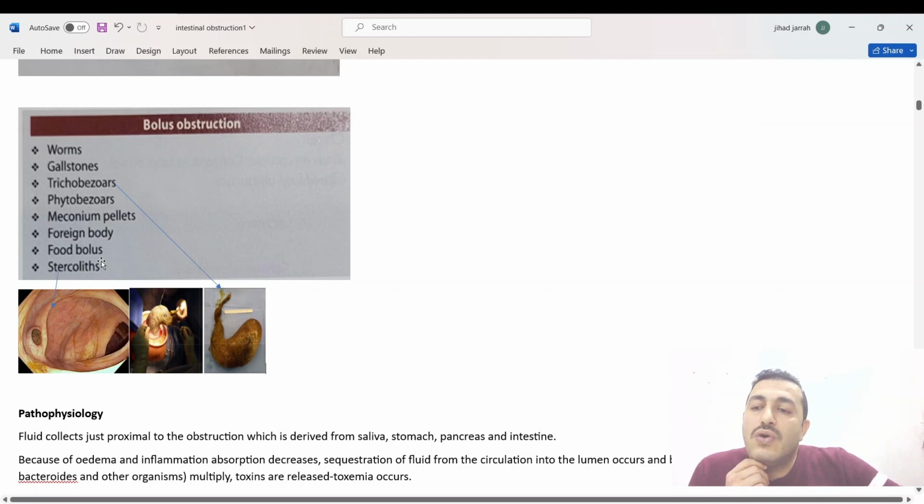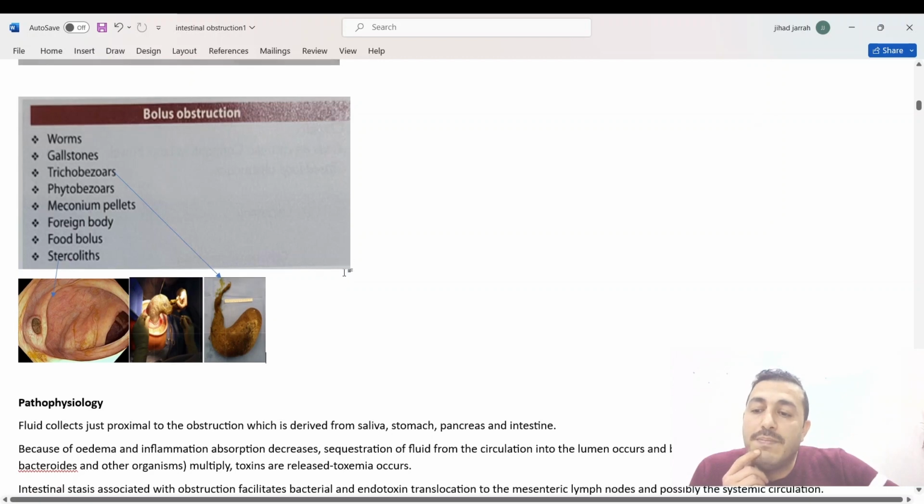Stercolith, these are the stercolith or stercoral ulcer, or you can see here the stool is impacted in, I think, a diverticulum, and here is stool impacted in the lumen of the bowel. So definitely, this is not a cause of obstruction. This is extremely small to cause obstruction, but I bring it just to understand what stercolith means.